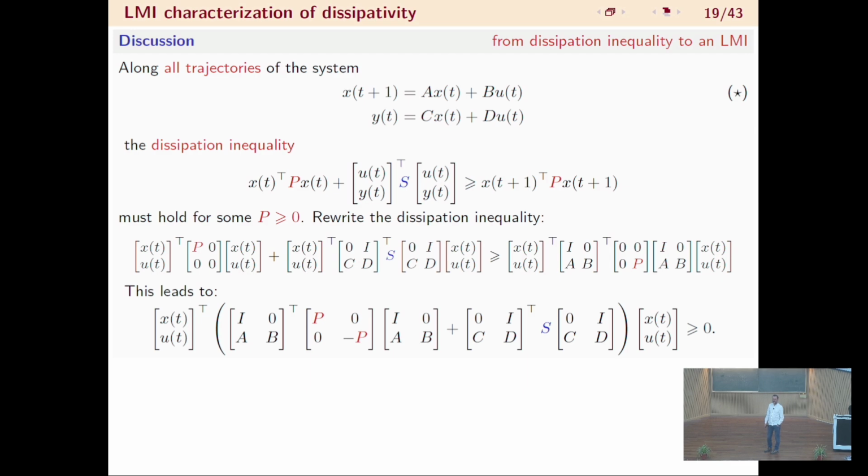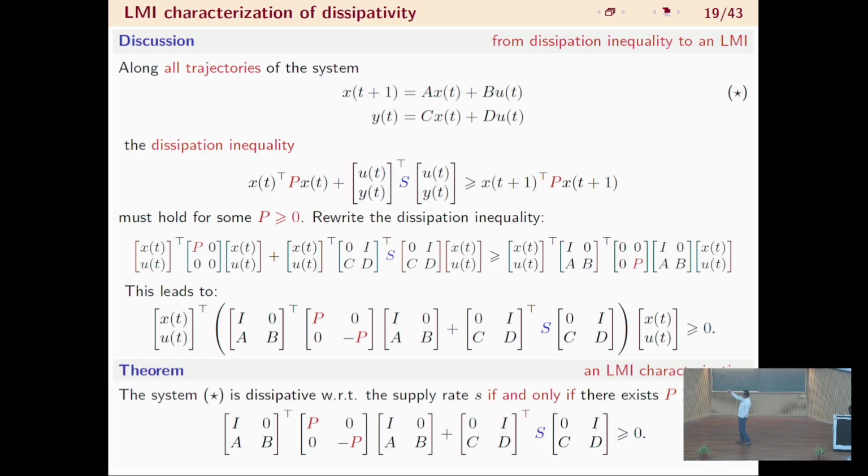But therefore I can drop these because they are completely free. The system does not restrict instantaneous values of xu. Which means that the system is dissipative with respect to the supply rate given by S if and only if there exists a semi-definite P such that this linear matrix inequality is satisfied.